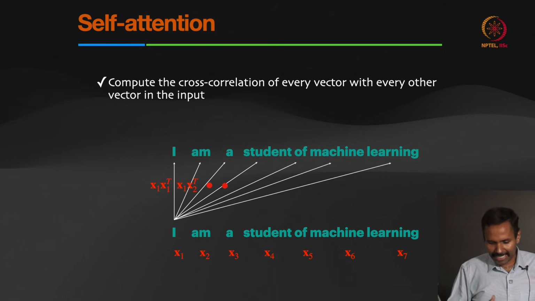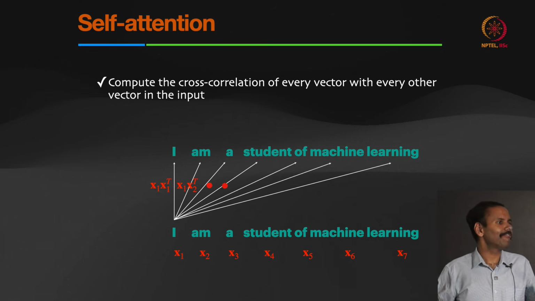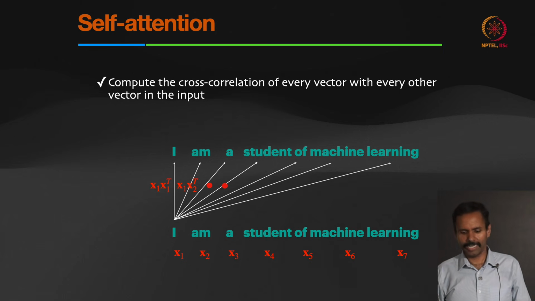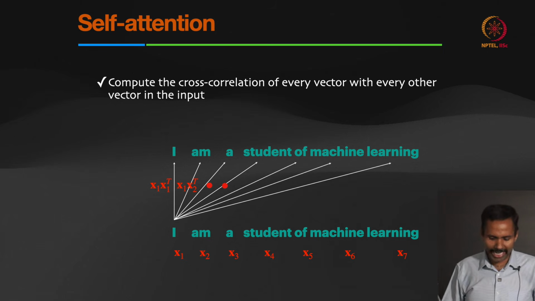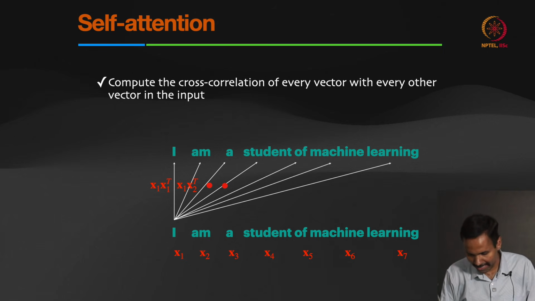So if I take x1 as a row vector, now I can find pairwise similarity between that vector and every other vector in the sequence. So I have x1, x1 transpose, and now you can form the whole set of pairwise similarities between pairs of vectors.